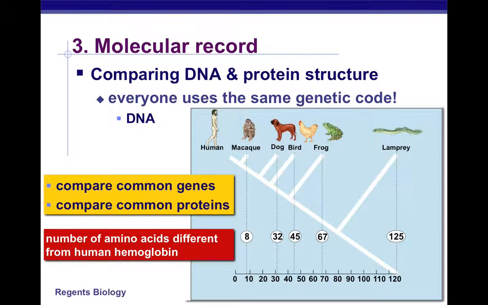So again, this is evidence that we are all commonly related, some more closely than others. When we look at two different organisms, this might be evidence that we're related fairly closely, whereas the differentiation between a lamprey and a human was a long time ago.